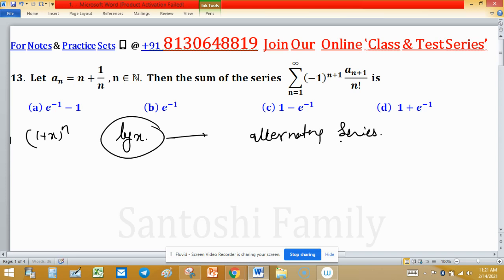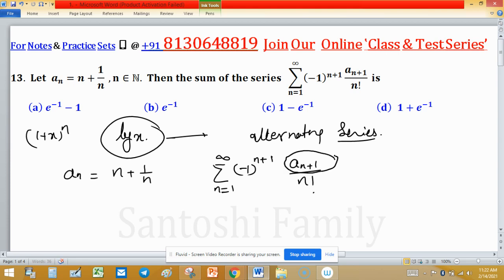So to find its sum, a_n is given as 1 plus 1 upon n, and the expression for the series is minus 1 raised to the power n plus 1, n running from 1 to infinity, a_n plus 1 upon n factorial.